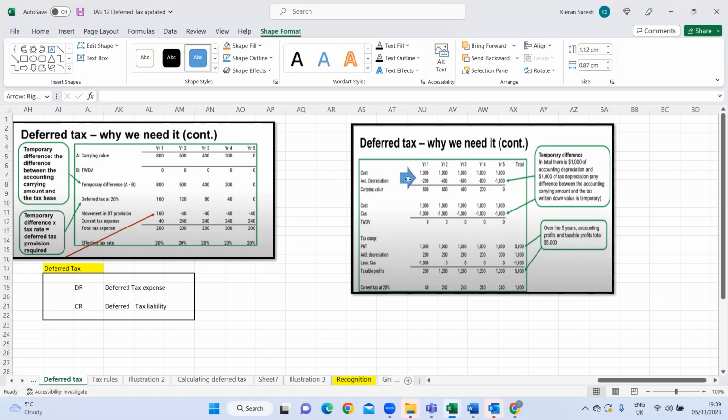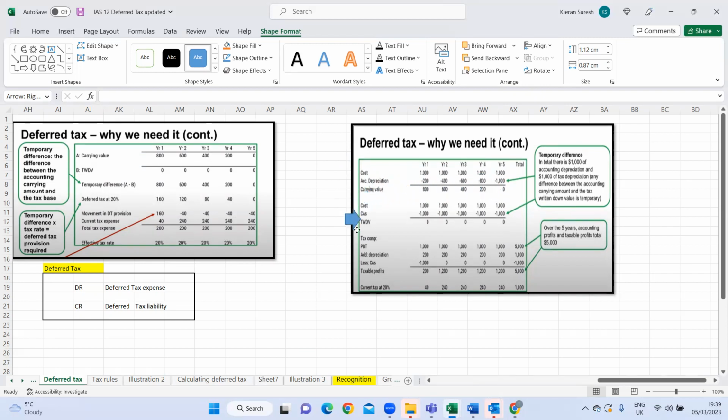So these are accumulated depreciation. Therefore, these are the cost figures every year. Carrying value was this one. And then everything would be taken off at the end of 5 years because it's a 5-year useful life of the asset, right?